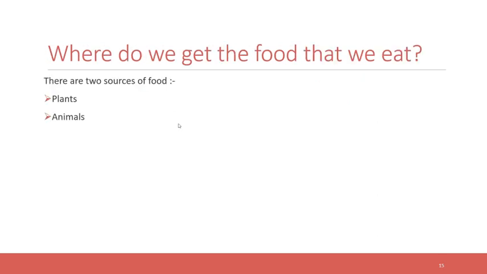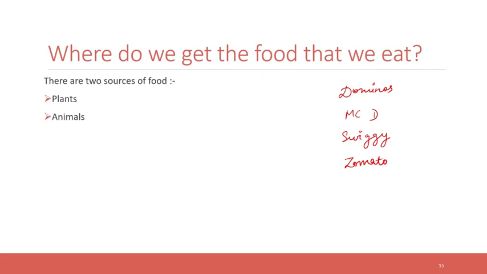Okay students, let's continue our first chapter. Now, tell me, the food that we eat, where does it come from? You might be thinking, we get food from Domino's, or McD, or Swiggy, Zomato, right?